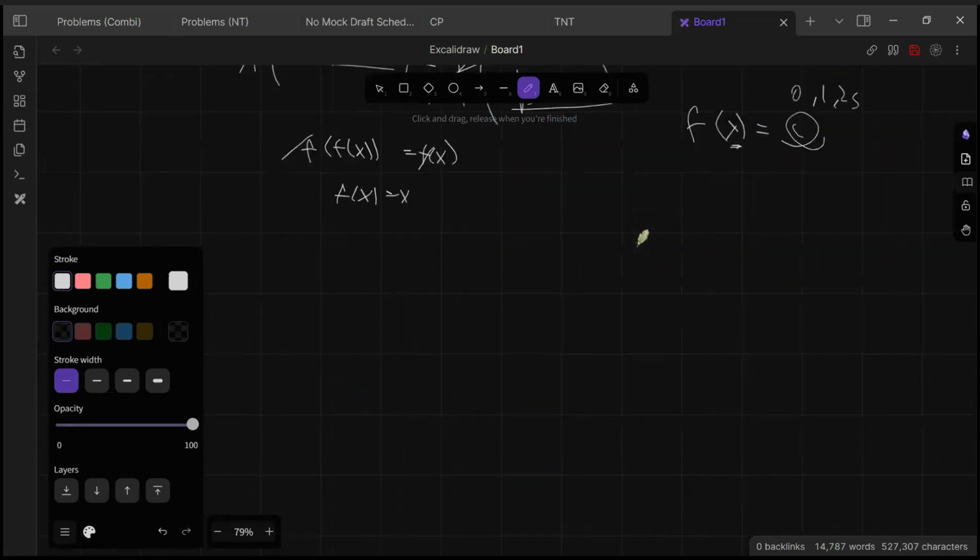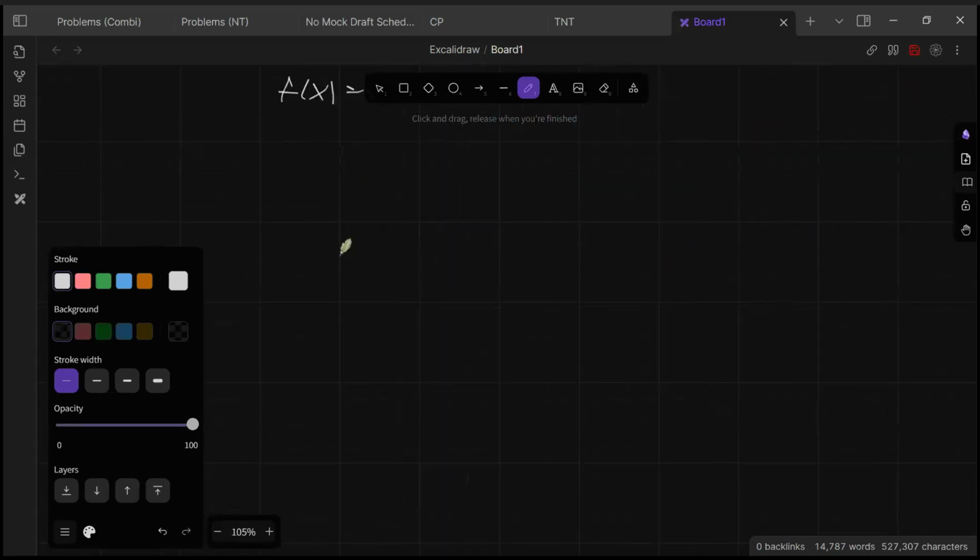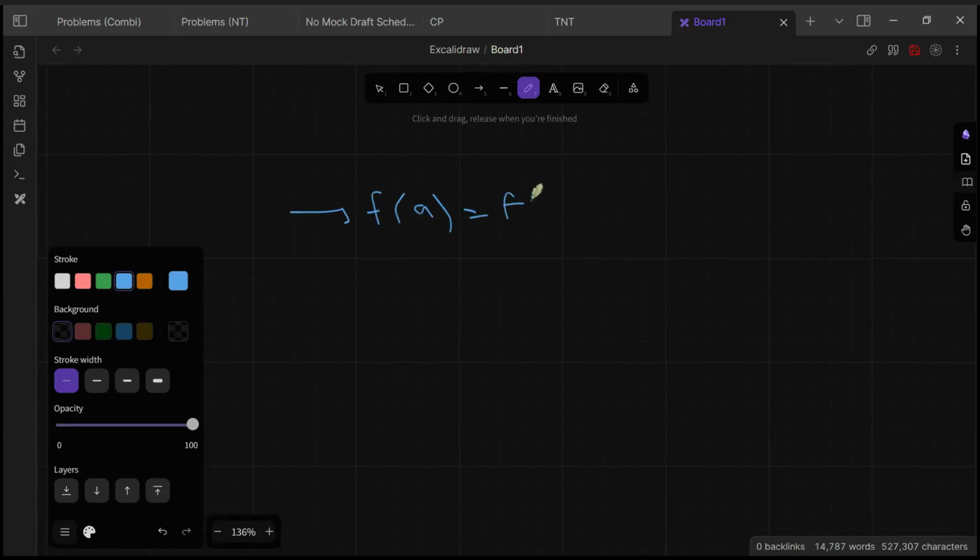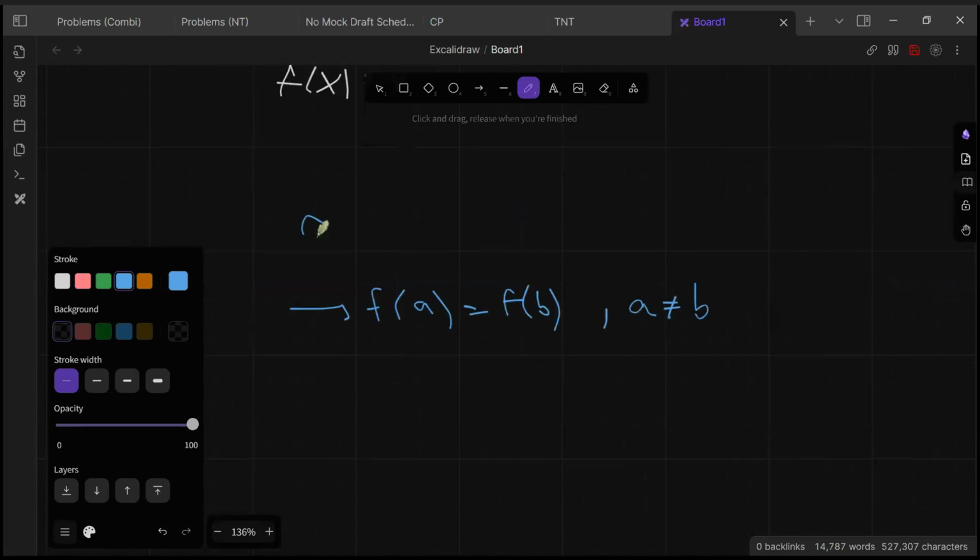And the way to prove injectivity and surjectivity goes something like this. Usually you have f of a is equal to f of b, you assume this, and you also assume that a is not equal to b. Basically you are using contradiction, right?